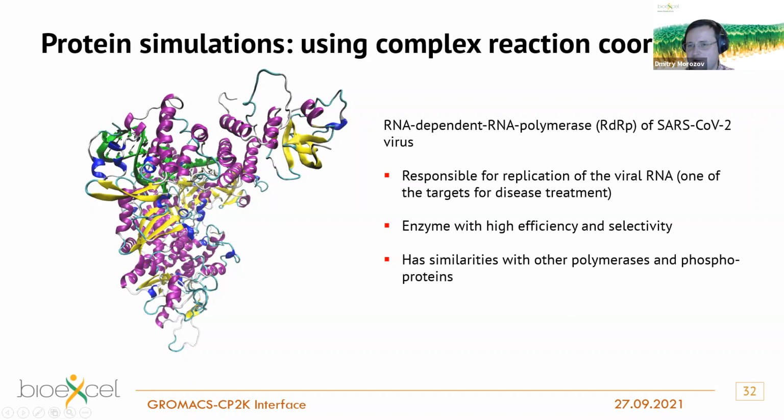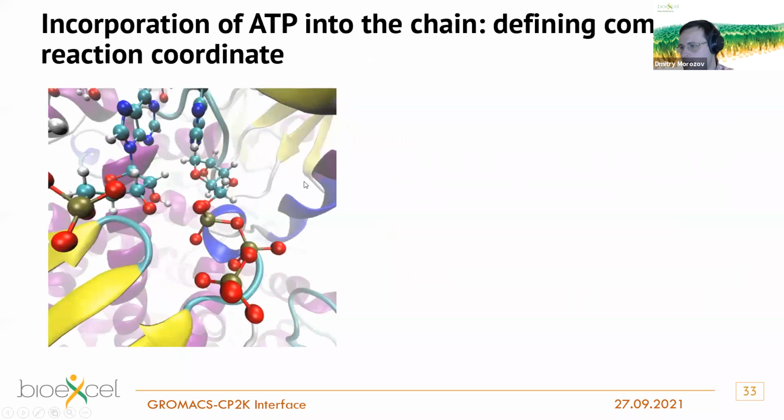However, it is a kind of normal polymerase, which catalyzes nucleotide triphosphate reactions, such as with ATP. Here it is doing the addition of a nucleotide to the RNA chain, for example ATP.